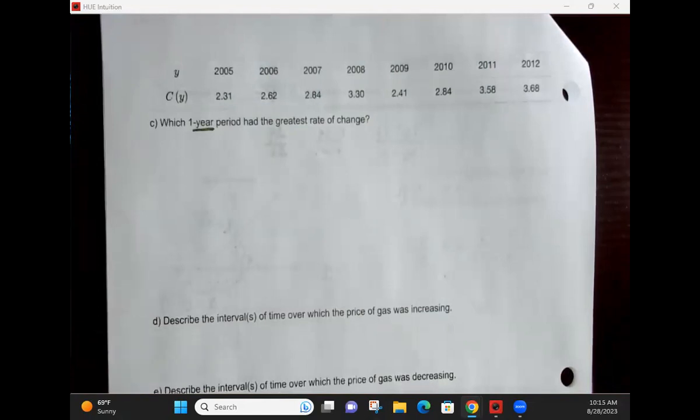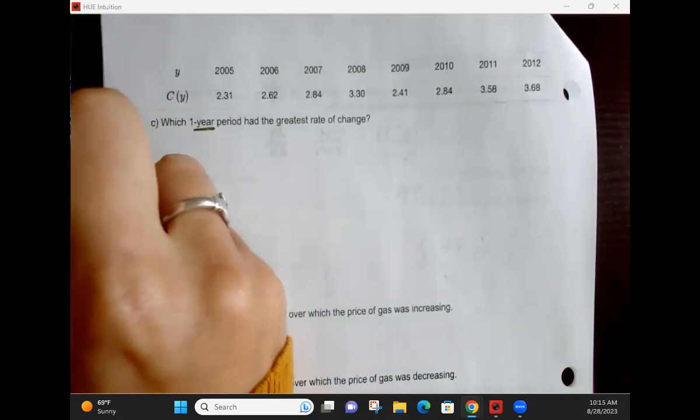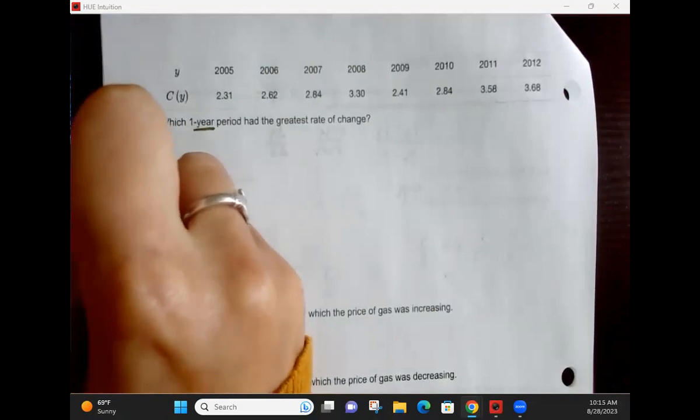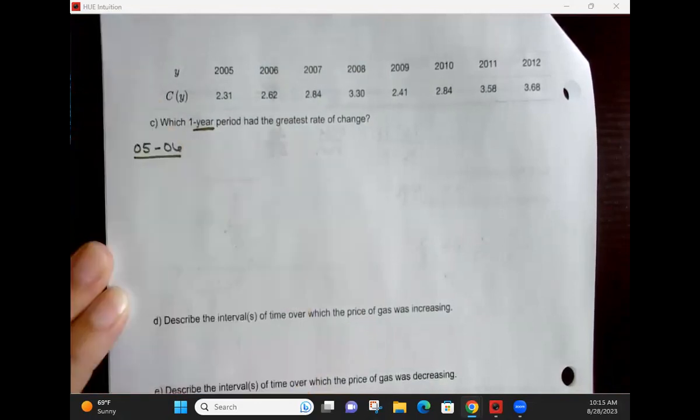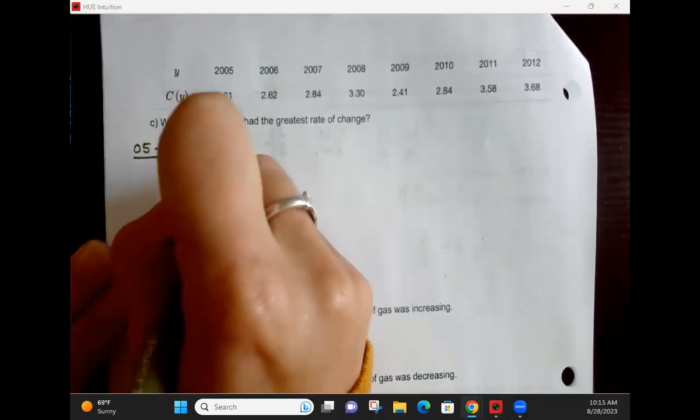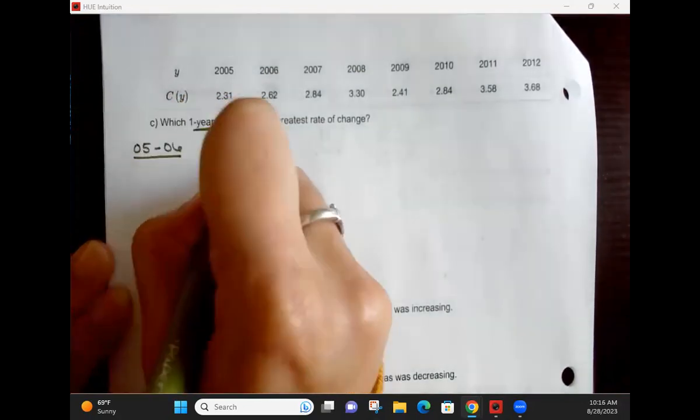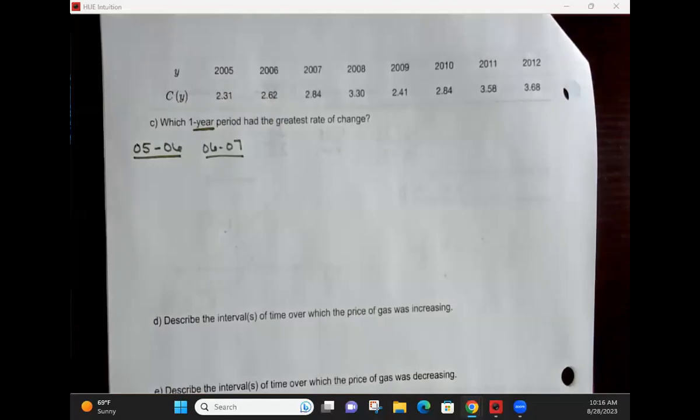Okay, so you are looking at each year increment. So from 05 to 06, what was the rate of change there? From 06 to 07, what was the rate of change there? Okay, for each 1 year period, I want you to find that rate of change for me and then tell me which period had the greatest rate of change.